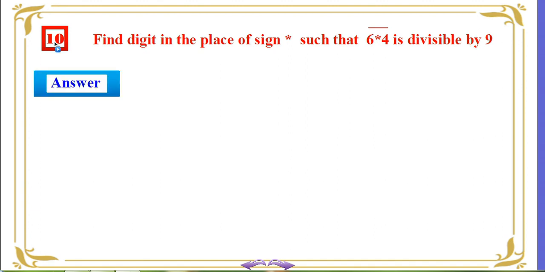The answer is, if you want 6 star 4 divisible by 9, then 6 plus star plus 4 must be divisible by 9, and 6 plus 4 is 10, and the nearest number after 10 divisible by 9 is 18. So you have 10, and if you want to have 18, the star is 8.